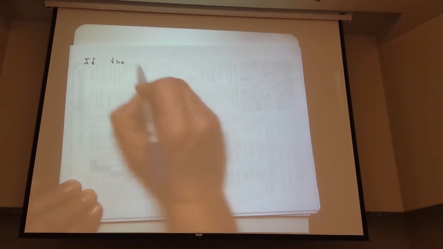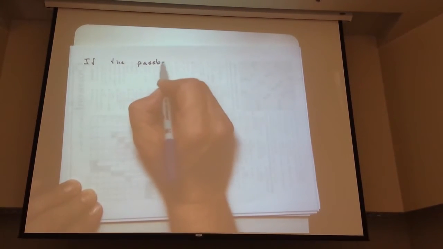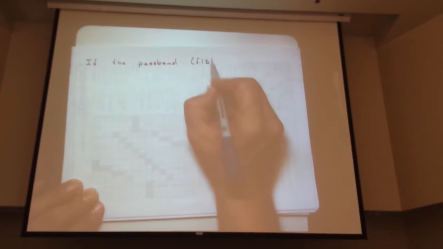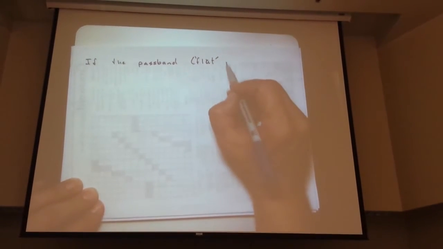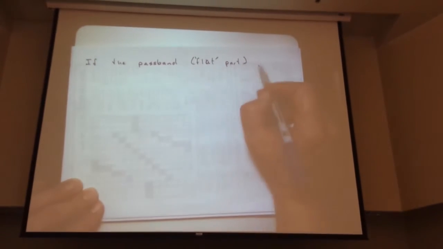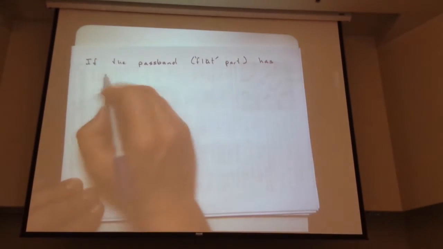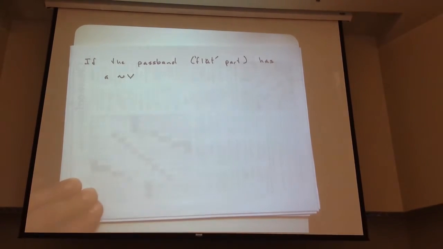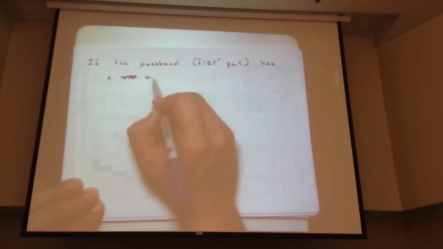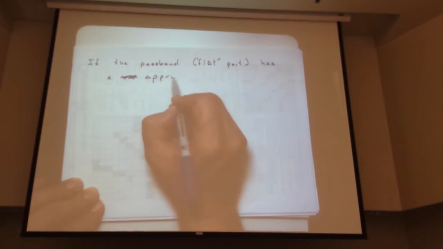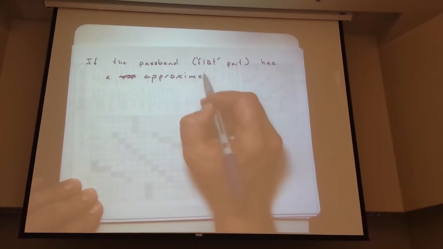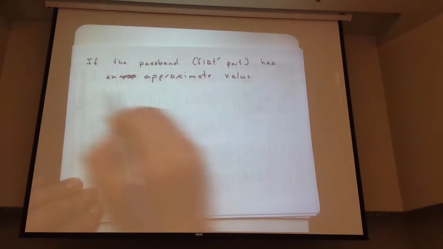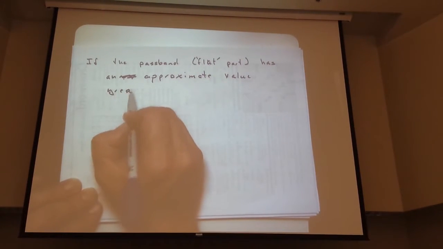If the pass band, the flat portion, has a value, and here I should put an approximate value, because it's not truly flat, greater than 0 dB.